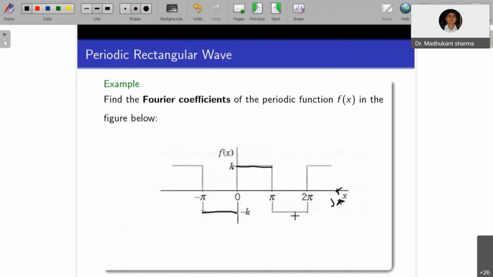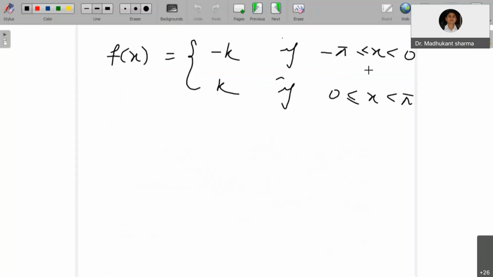From pi to 2 pi it is minus k, and from 2 pi to 3 pi it is plus k. Whether you include this point or not doesn't matter, because finitely many points of discontinuity are allowed.